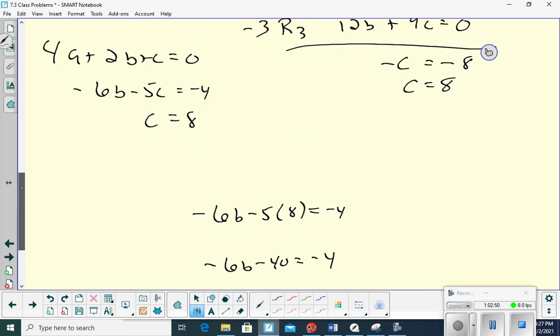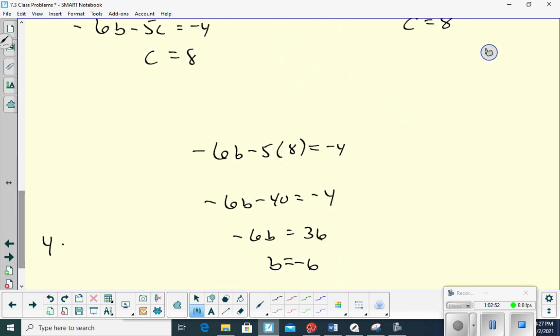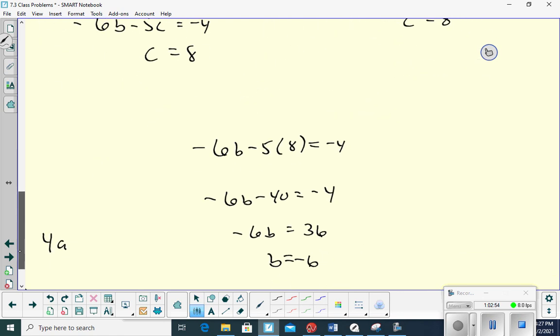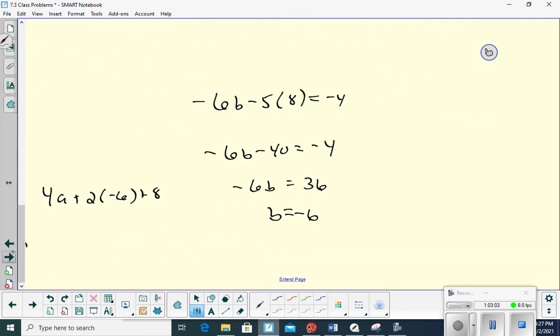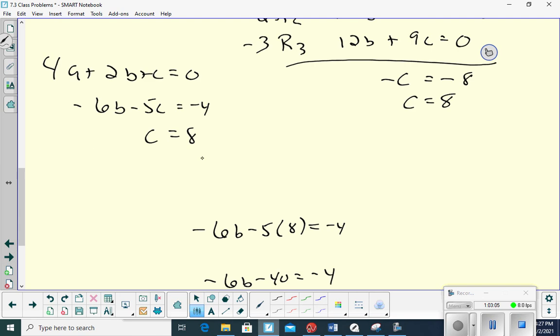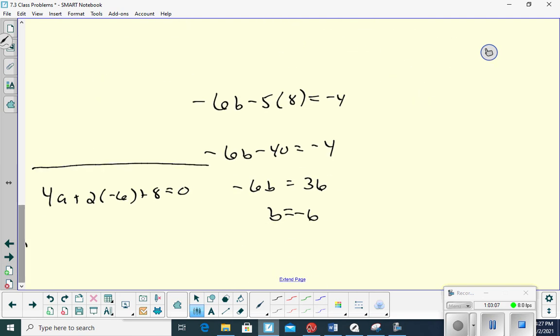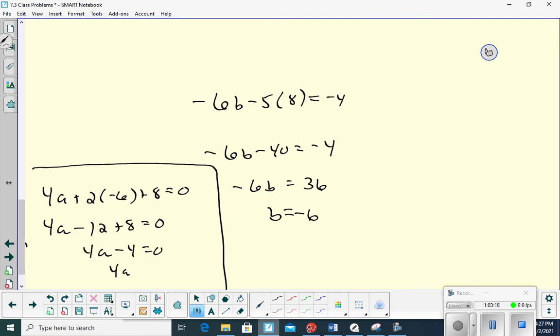Then going back to the first one, I'm going to have 4a plus 2b, which I just said was negative 6, plus c, which I said was 8, and that is equal to 0. So this is 4a minus 12 plus 8 is equal to 0. So 4a minus 4 is equal to 0. 4a is equal to 4. a is equal to 1.